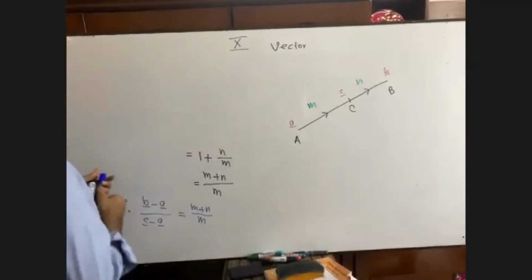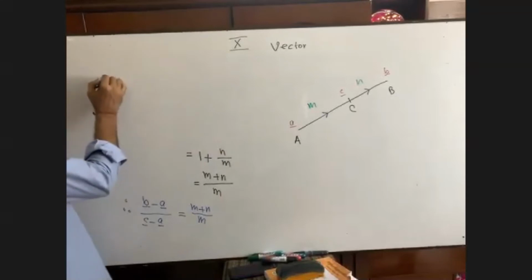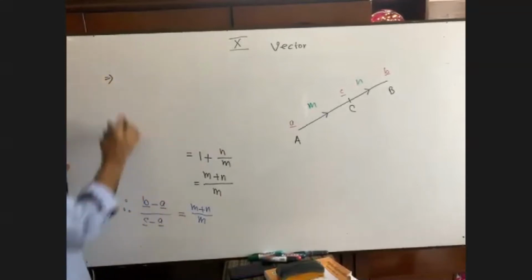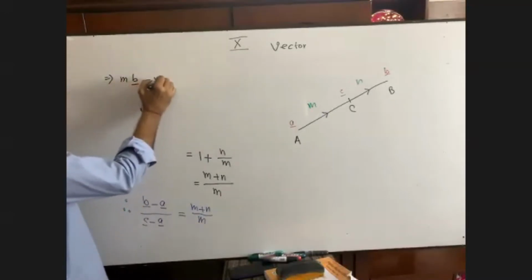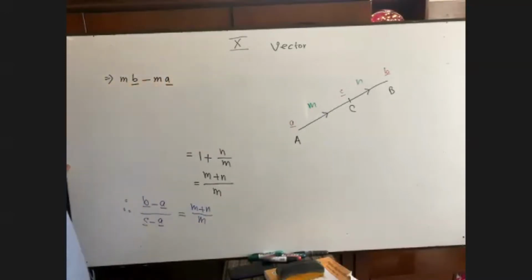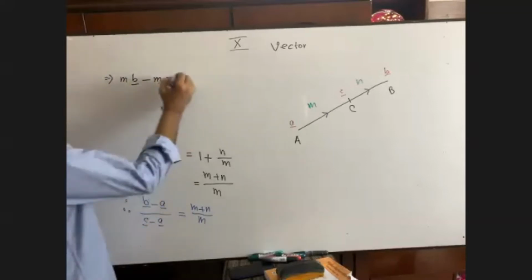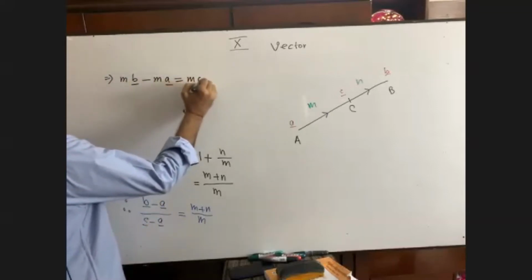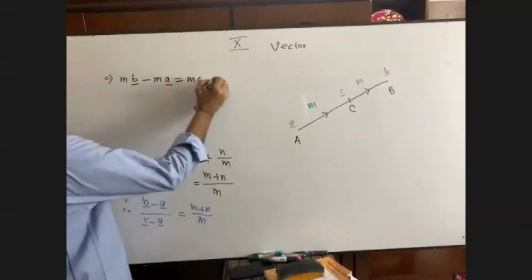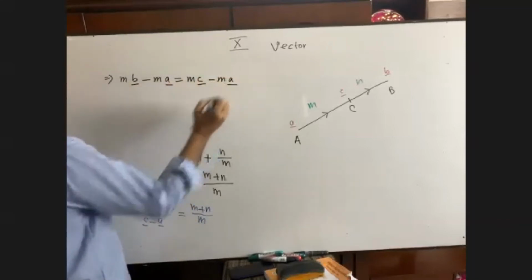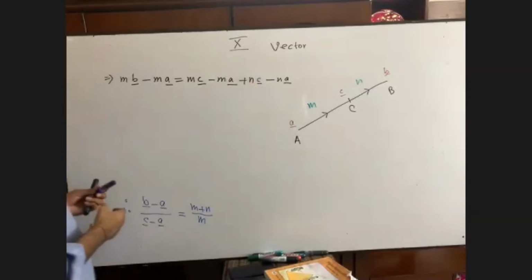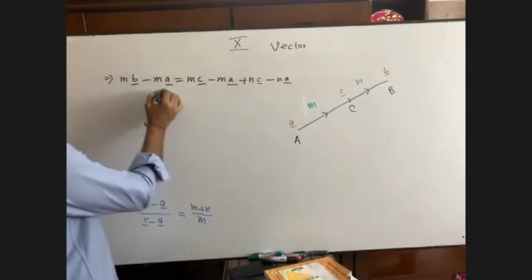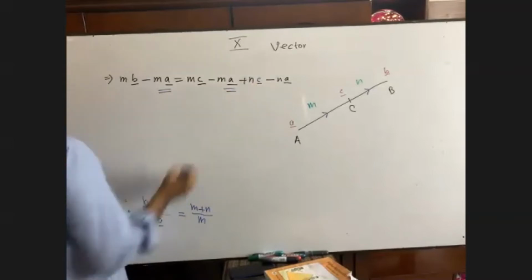From here, we can write down, or you multiply M into B: MB minus MA is equal to MC minus MA plus minus NA. Okay. Now you see, we get this and this cancelled from both the sides.